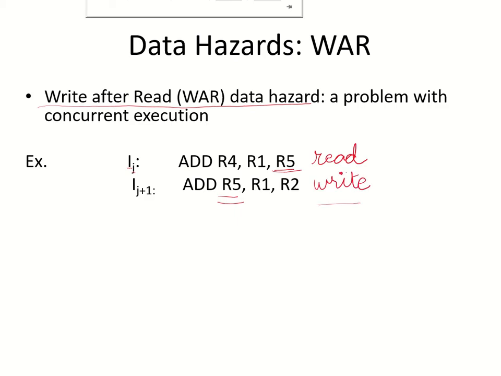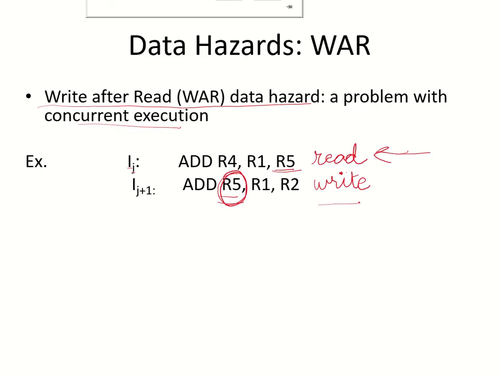So this is a write after a read. If in concurrent execution or out of order execution there is any chance that R5 is written before Ij has been executed, this may happen in out of order execution.